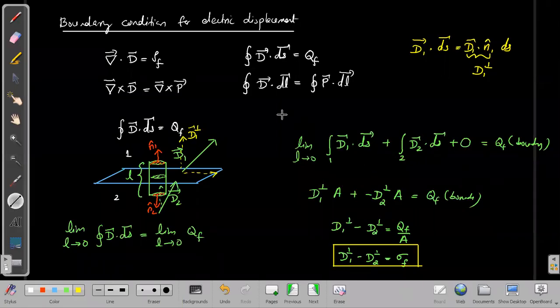Now similarly I can use the line integral form of the electric displacement to find the relation connecting the parallel component of electric displacement over the boundary. I think I will give that to you as homework, so you can do it yourself. I am just giving the result.